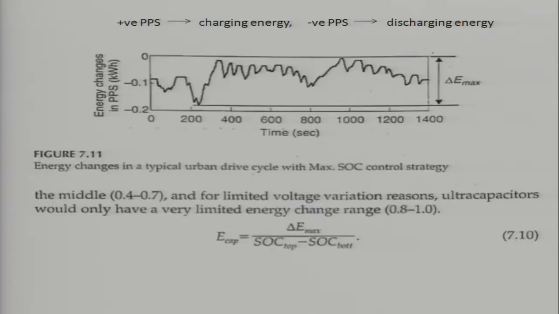Here you can see the energy changes in a typical urban drive cycle with the maximum SOC control strategy, the first control strategy. Urban drive cycle means frequent stops and frequent starts.